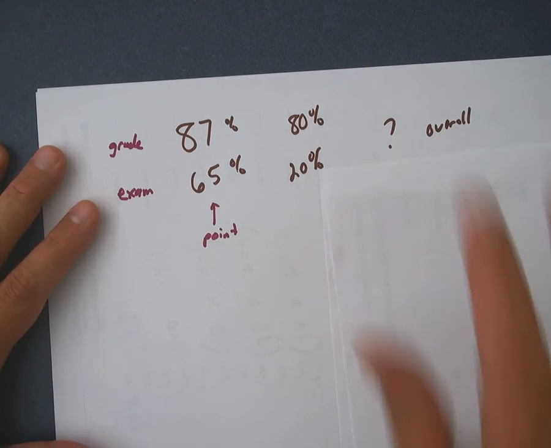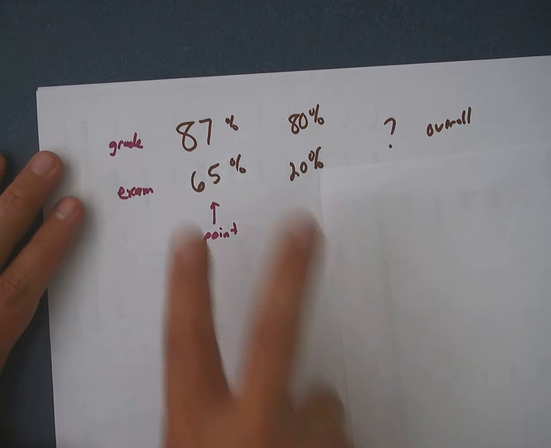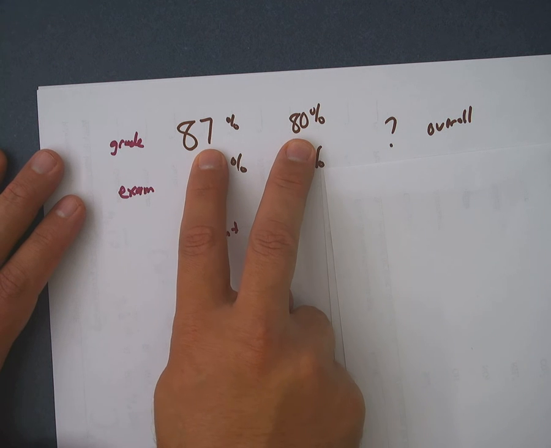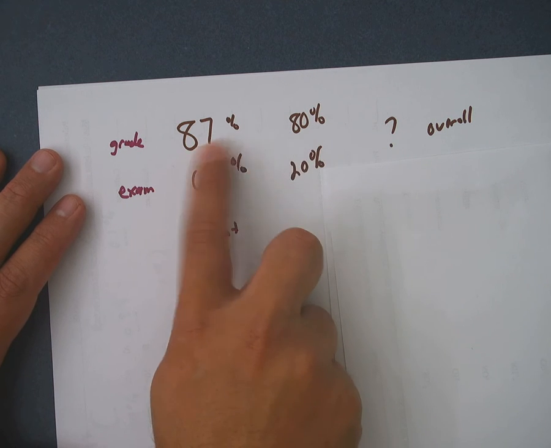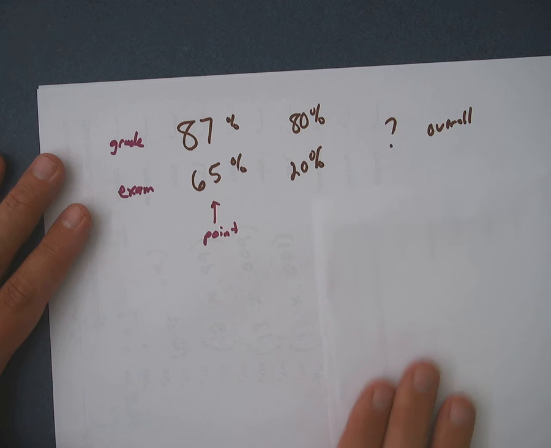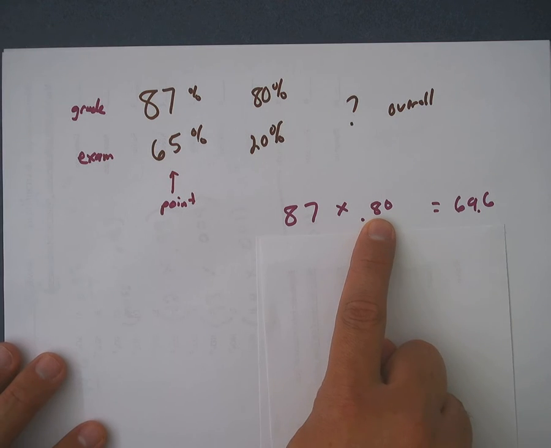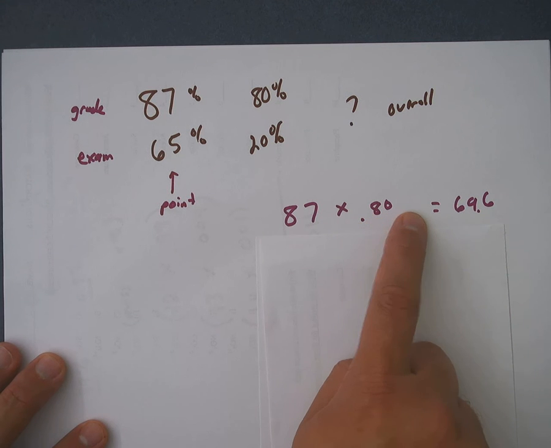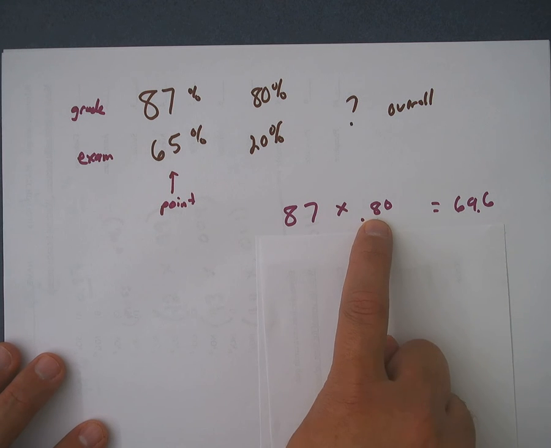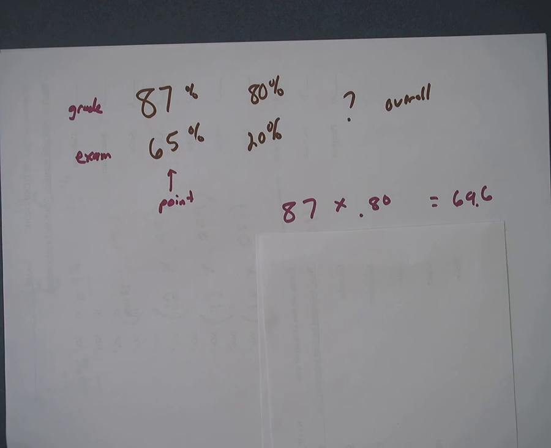Okay, well, we do this mathematics. We multiply these numbers. And so we take 87 times the weight it's worth, but when we type in how much a percent something is worth weighted-wise, we move the decimal point over. So 80 becomes 0.80. And when I multiply 87 times this number, we get 69.6.